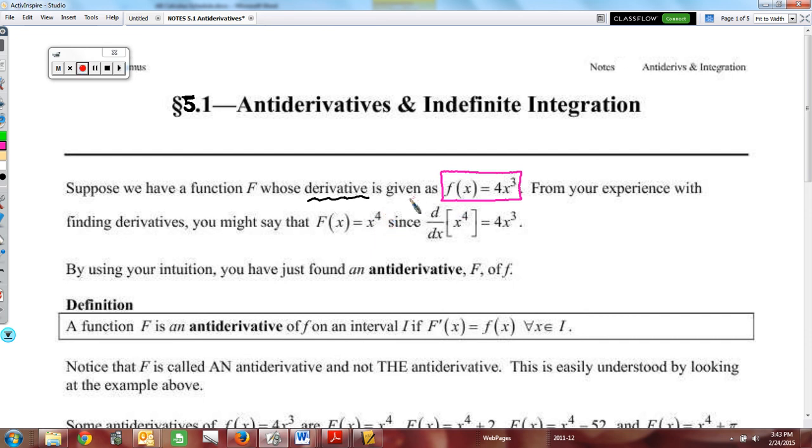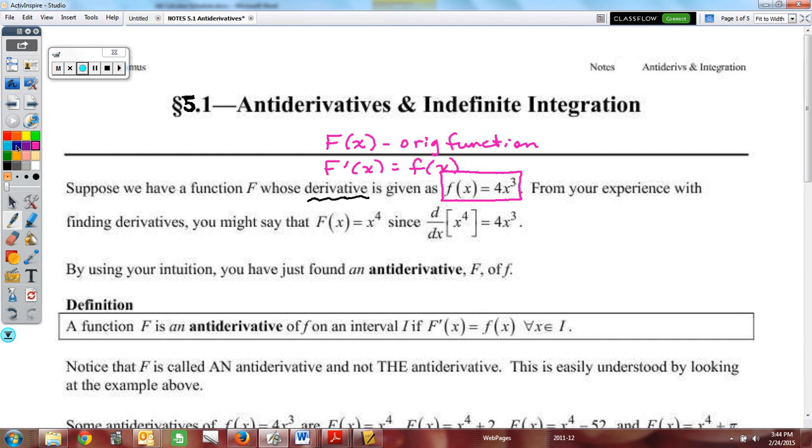If they give you the derivative as f of x, then typically the function that it was the derivative of, we will call capital F. So in this notation, capital F of x would be considered the original function, and the derivative of capital F, F prime of x, is going to be this given function little f of x. And yes, it is going to matter when you are doing your free response whether you write the right capital F or lowercase f when you are doing these problems.